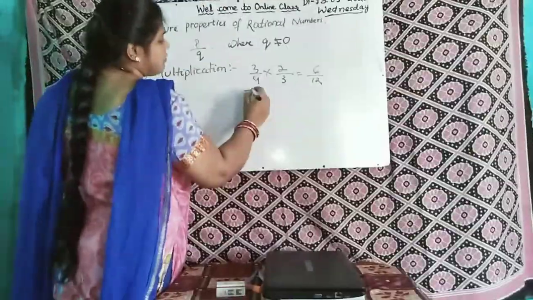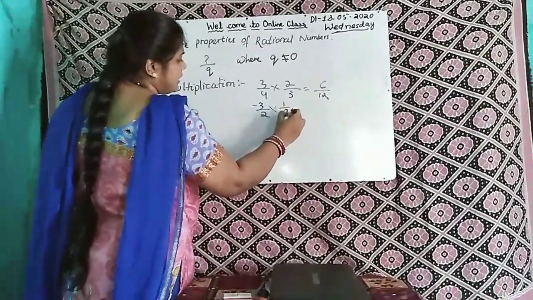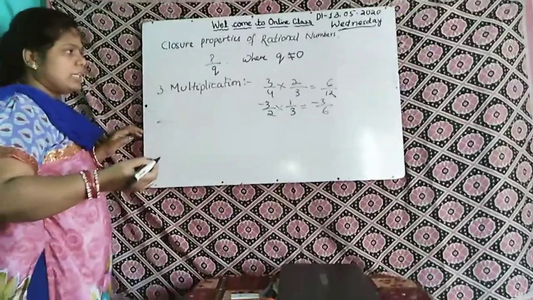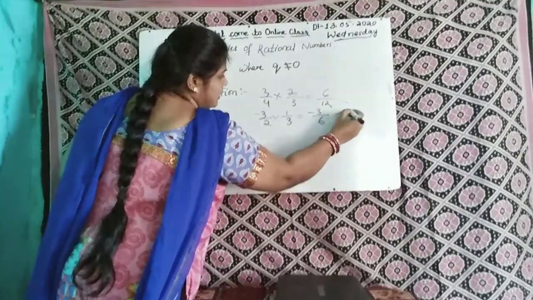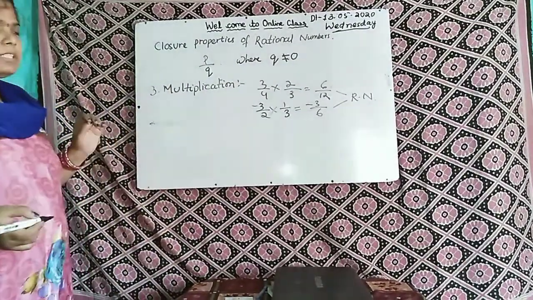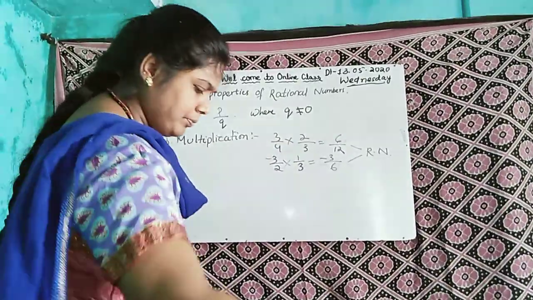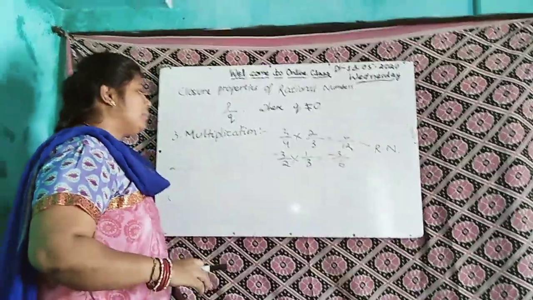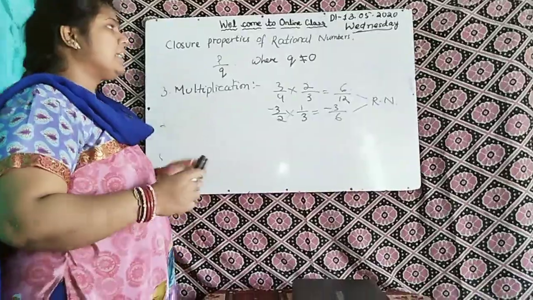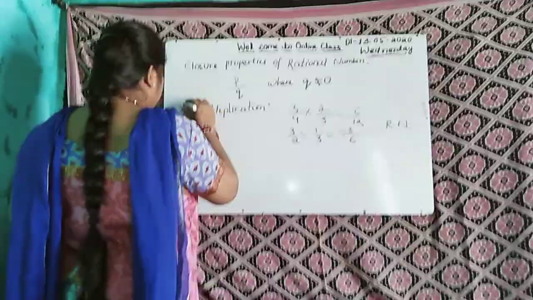Then another pair, minus 3 by 2 times 1 by 3, which gives minus 3 by 6, also a rational number. So after multiplying two rational numbers we are getting a rational number. So rational numbers are closed under multiplication. Okay, then this is also right.